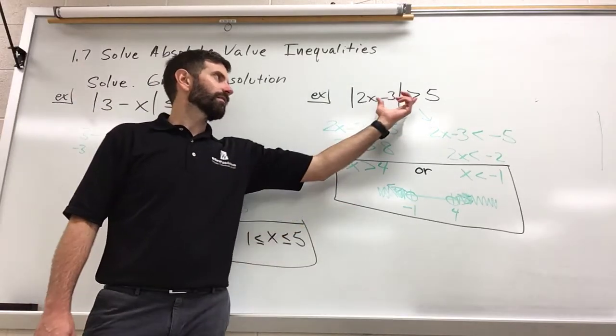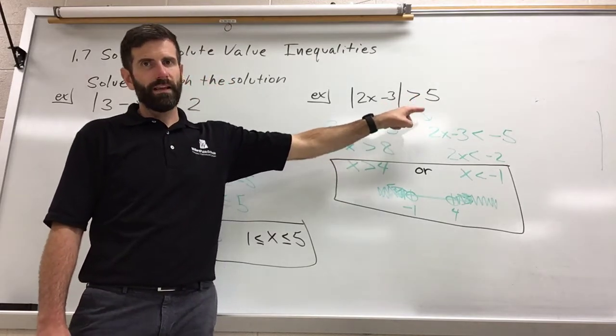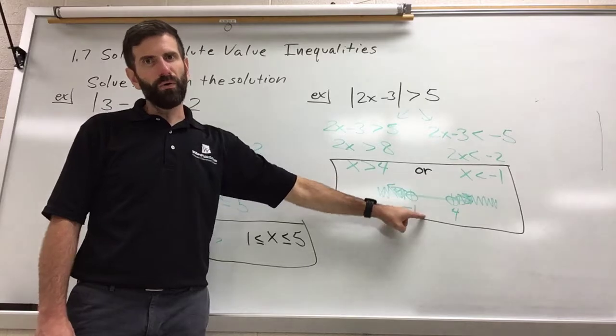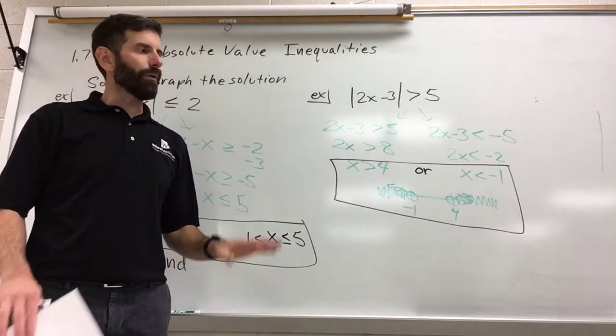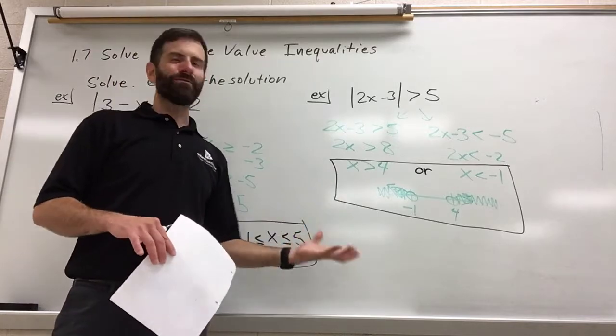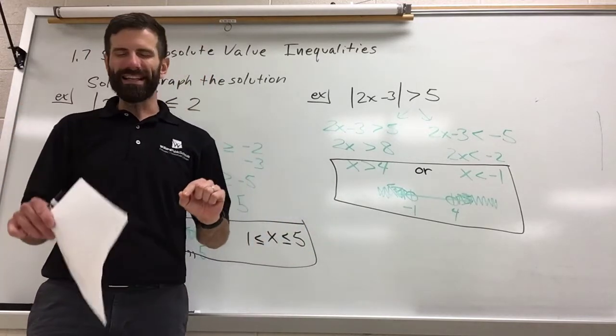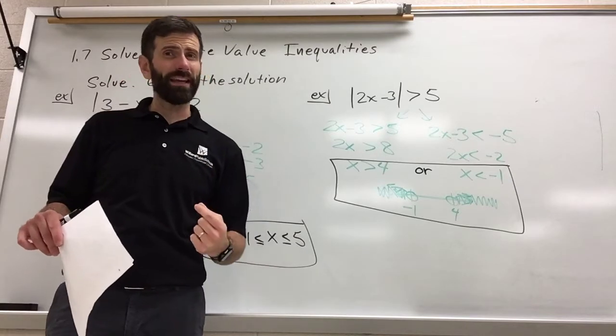If you have an absolute value inequality and it's greater than, guess what? It's always going to be an "or," okay? I would prefer that you decide once you've graphed, okay? I want you to be accurate to that point, but it is kind of a good way to check.